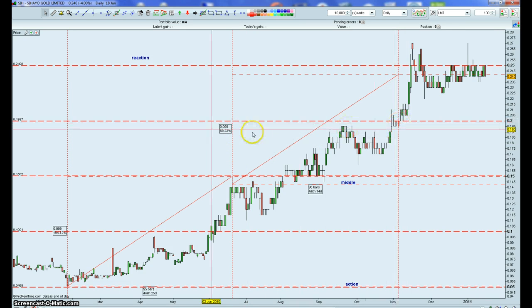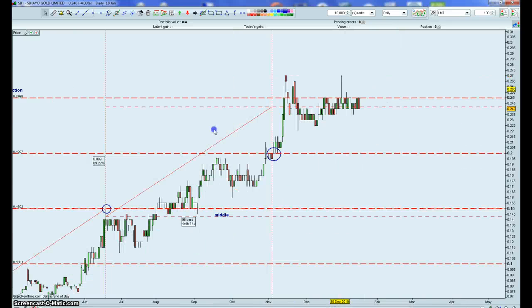Price is at that period again, and it's actually at a cross between one of these lines and that timeline that we've drawn. Hang on, I'll highlight those for us. Price is at the cross between the timelines and these action reaction lines.